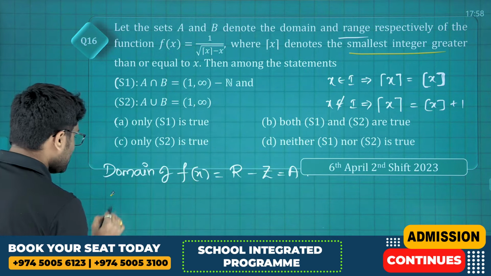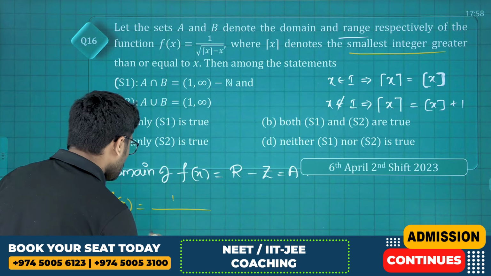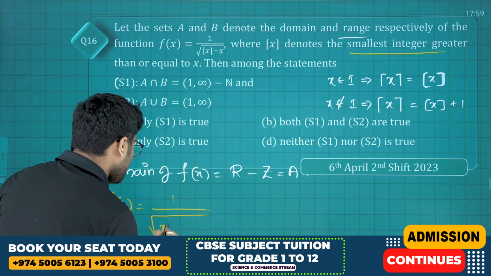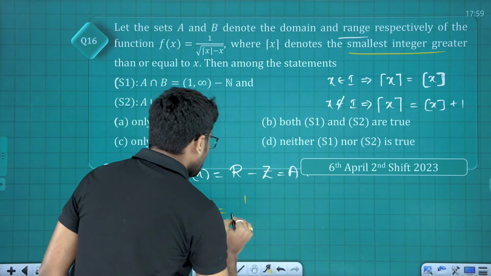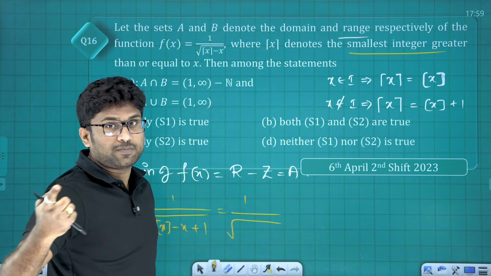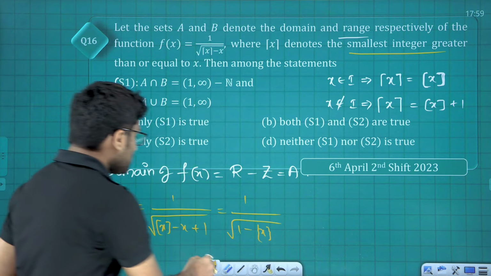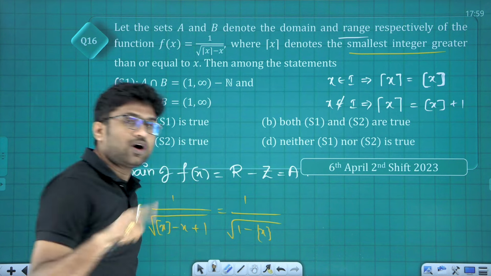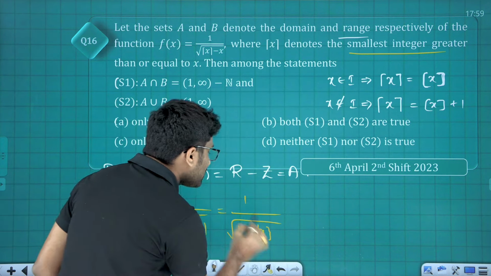What is the range of this function? Let's see now. What is f of x? f of x is equal to 1 by square root of step x plus 1 minus x. So 1 divided by the square root of step x plus 1 minus x, and x minus step x is the fractional part. So that is 1 minus the fractional part of x.